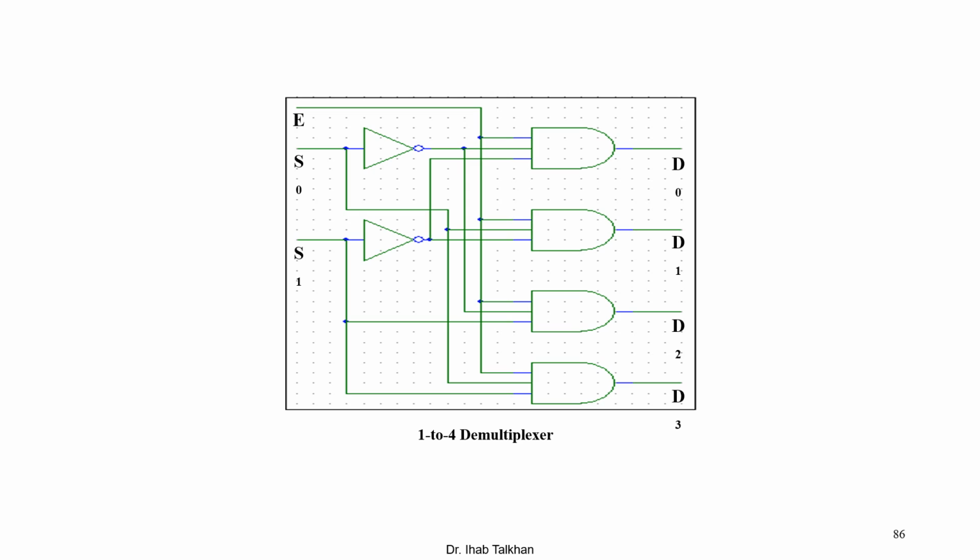Based on the value of S0 and S1, E will be directed to one of these outputs. If you have 0 0, E will go to D0. If you have 0 1, E will go to D1. If you have 1 0, E will go to D2. And if you have 1 1, E will go to D3. This is what is called the demultiplexer, and it has the opposite functionality of the multiplexer.